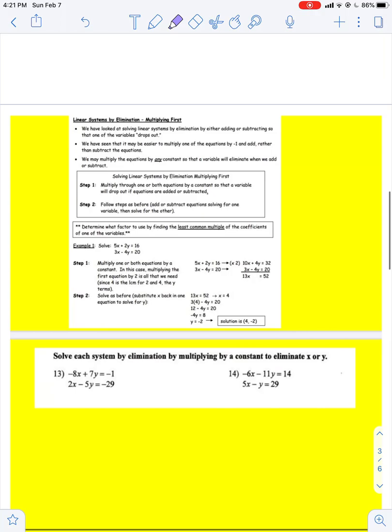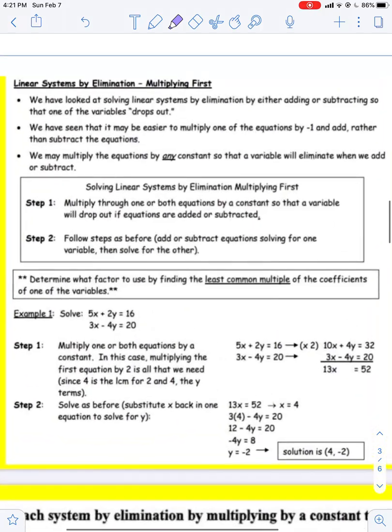Okay, so now that we've done basic elimination, we have to talk about special cases and times where you have to multiply first. So this is where knowing your common factors and your multiples is really going to help.